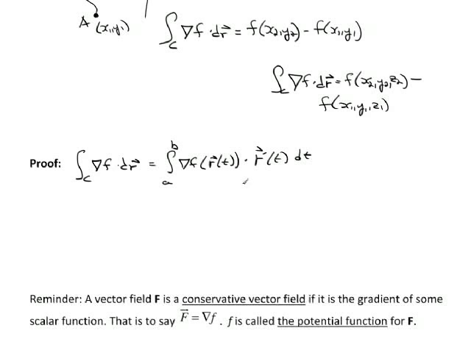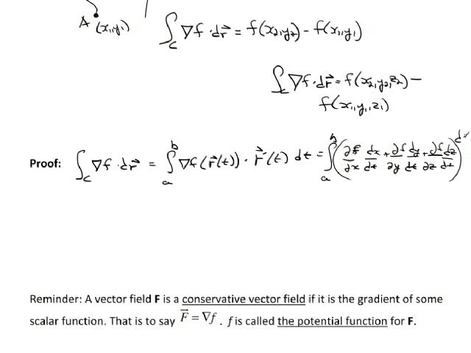This is simply parameterizing, but that's going to equal the integral from a to b of the partial of f with respect to x, dx dt, it's just the chain rule, plus the partial of f with respect to y, dy dt, plus the partial of f with respect to z, dz dt, and I need to slip in a dt over here.